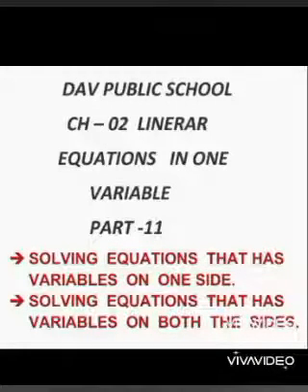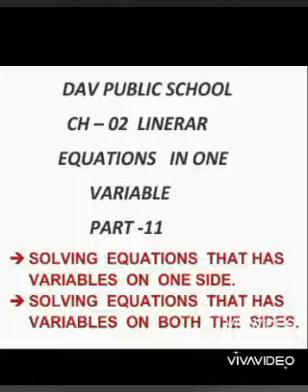So, we are continuing with chapter 2, Linear Equations in One Variable, part 11. In previous videos, we have discussed the two basic forms of linear equations. What are the two basic forms? Solving simple equations that have variables on one side, isn't it?